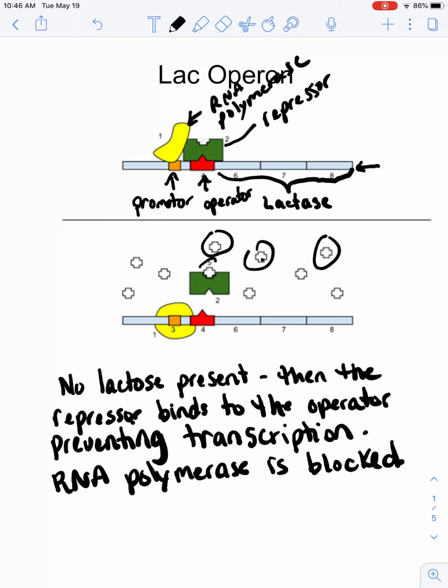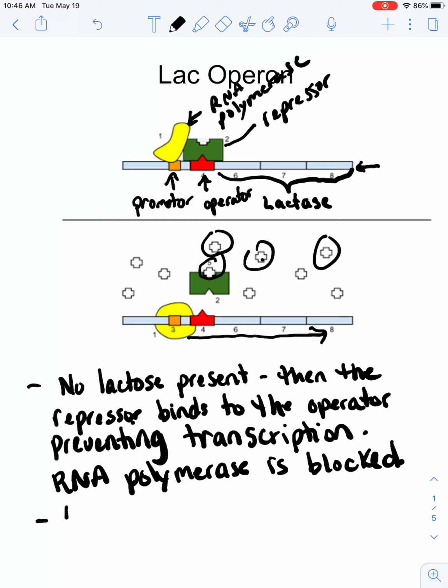You can see there's lactose right here binding to the repressor. That changes the shape of the repressor, and the repressor is now removed from the operator, allowing RNA polymerase to go through and transcribe and then eventually translate.